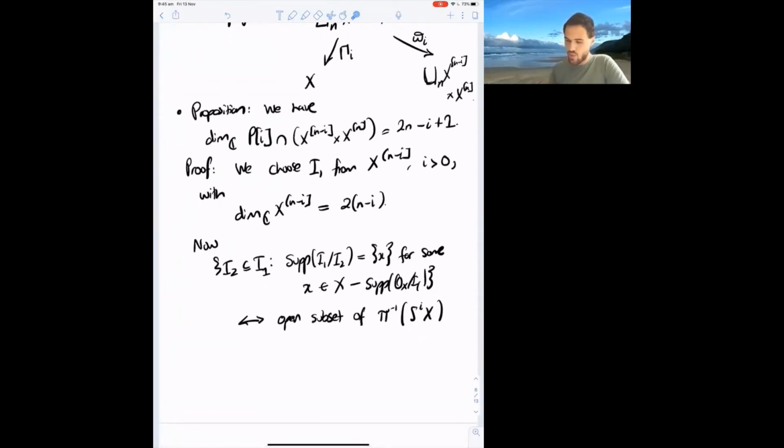And the open subset in here, we don't quite want to look at the whole SIX. We want the cycle to be supported at just one point. In general, you can put any partition down here to specify what kind of cycle you're interested in.